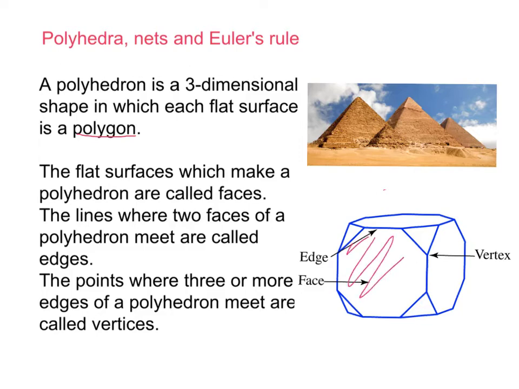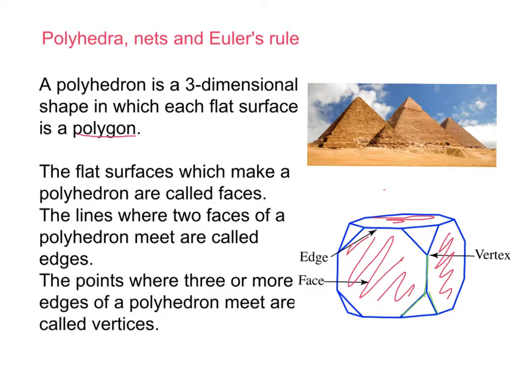This is a face here, that's a face there, you've got a face on top, you've got a face on the side. The part where the faces meet are called the edges. This is an edge here, guys, down there, that's an edge there. These are all the edges.